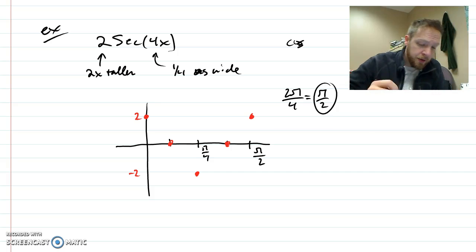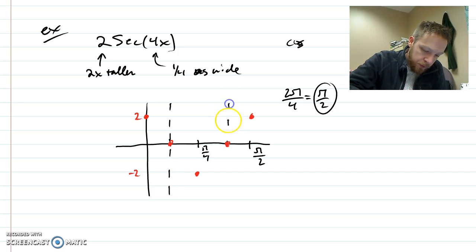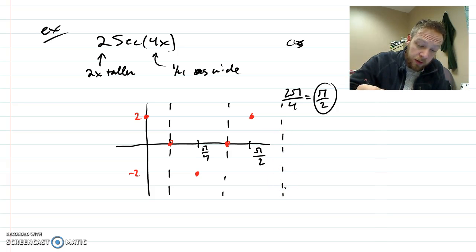Alright, so my secant is going to have vertical asymptotes whenever the cosine is 0. So there's 2, and I know that it will have another one out here if we continue the cosine, because another key point would have been right there. And 3 pi over 8, 4 pi over 8, that would have been 5 pi over 8.